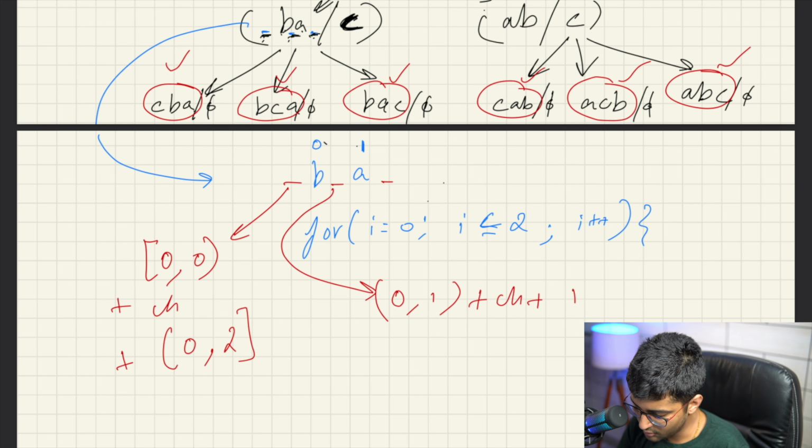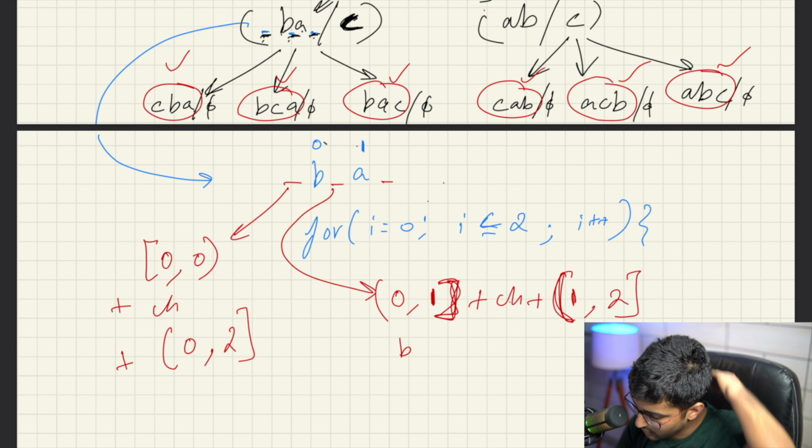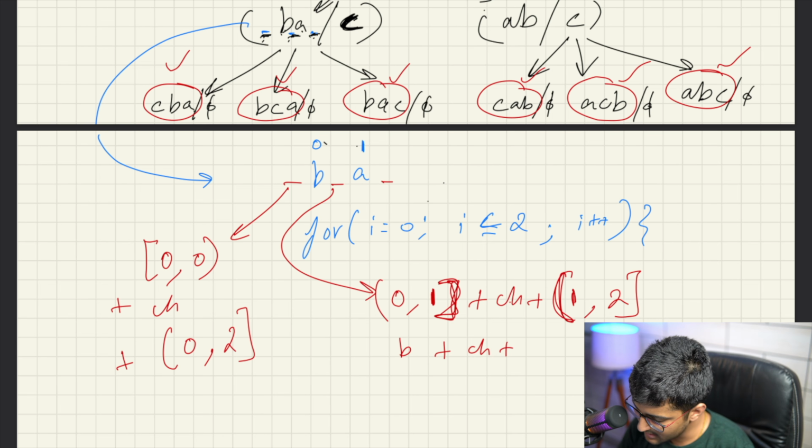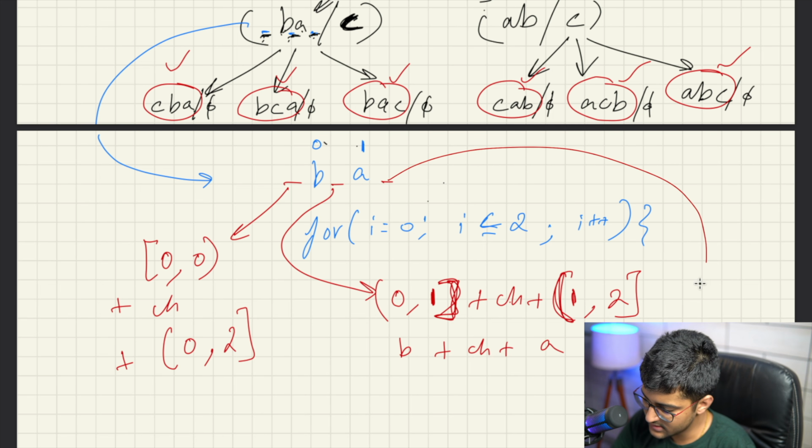Similarly, this will be equal to what? 0 till 1, so 0 till 0. B will come over here, plus ch, plus 1 inclusive till 2 exclusive. So this will be just B plus ch plus A. And what is this thing?